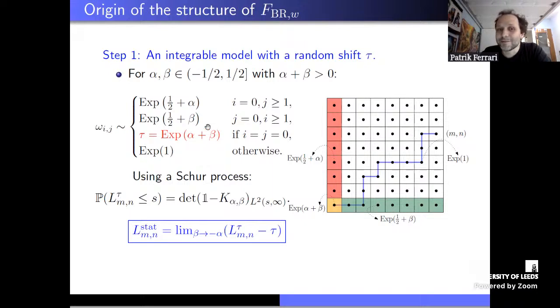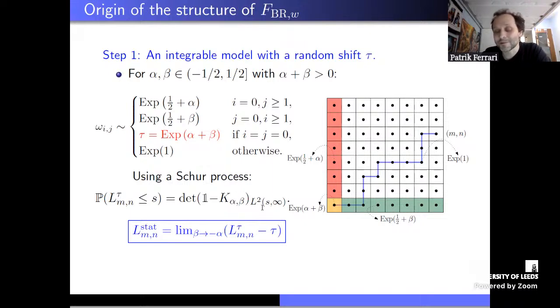But if you have alpha and beta satisfying alpha plus beta positive, otherwise the random variable is not well defined, then this can be described in terms of the so-called Schur process. And using the Schur process, one gets an explicit expression for the last passage percolation in this setting with this extra tau, and this is given by some Fredholm determinant for some given kernel.